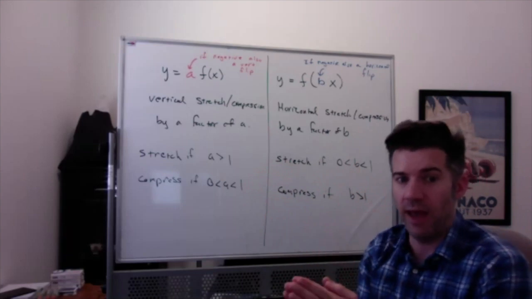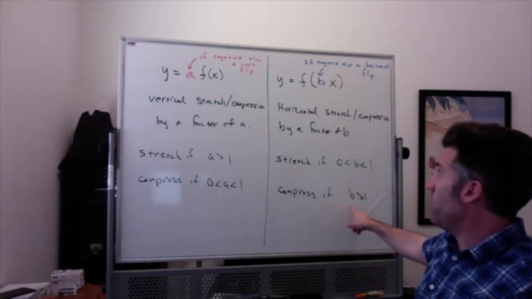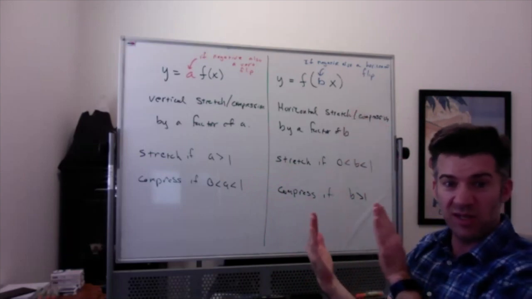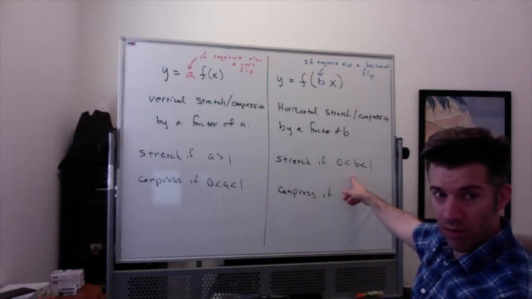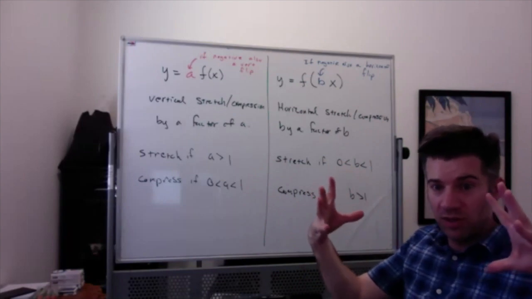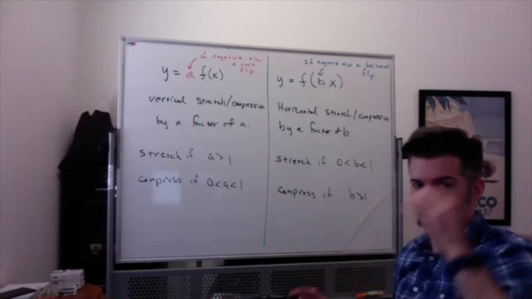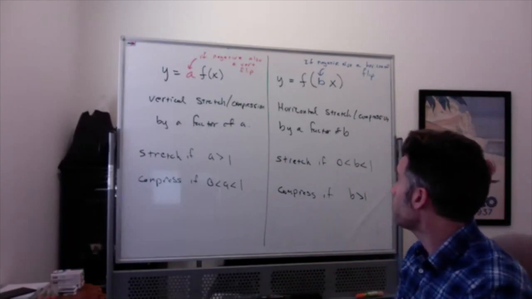The reason for that, I think, is if you multiply by a number that's big, x has to get smaller to compensate, so you still end up getting the same y values out. Whereas if you multiply by a number that's small, x has to be larger so that you're still inputting the same thing to the function and getting the same y values out. And I'll definitely show you some examples of that as we go along.